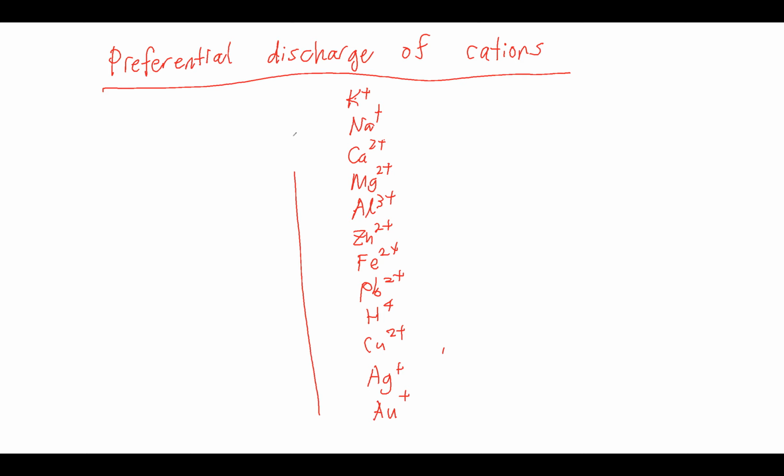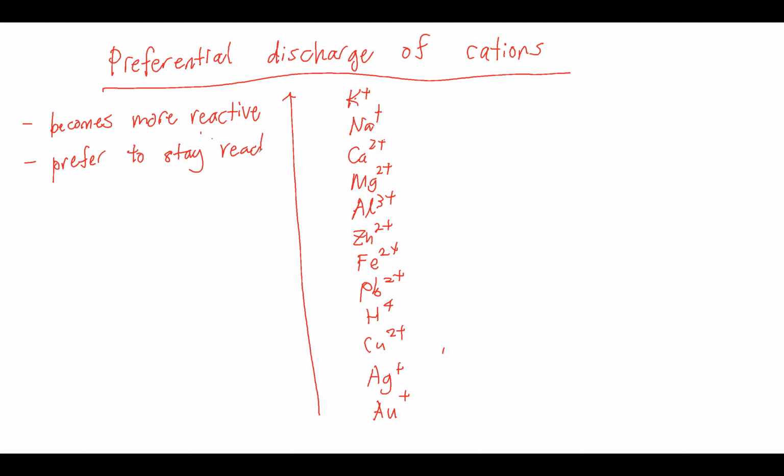As we go up the reactivity series, the metal becomes more reactive. When the metal becomes more reactive, it would prefer to stay reacted.